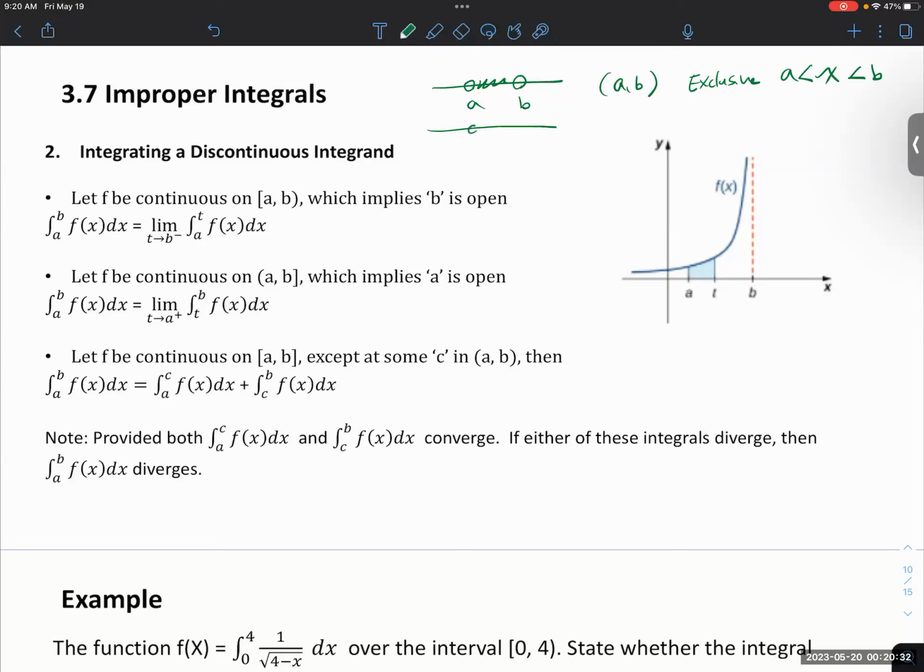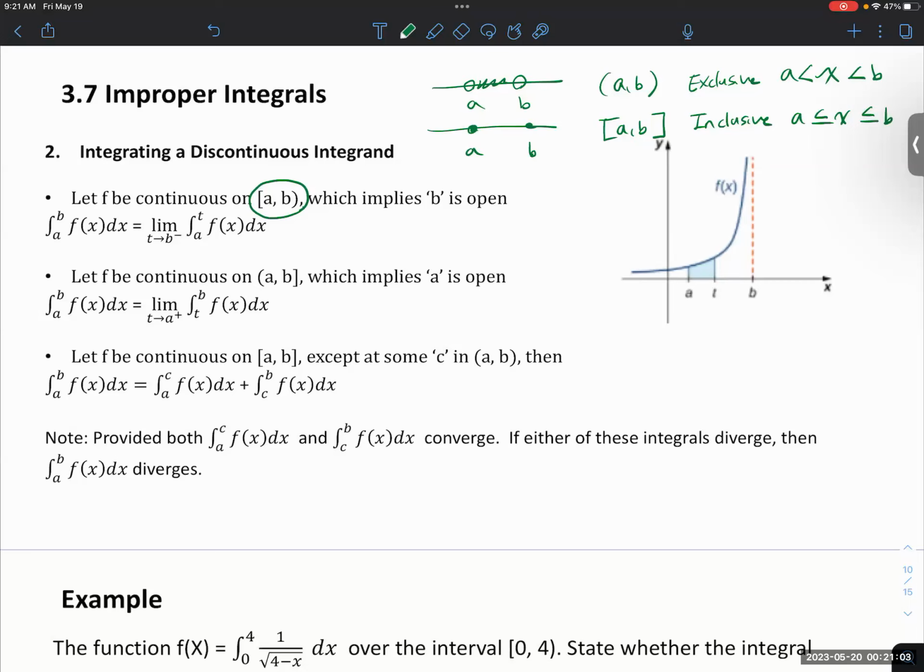Second one, if you have a bracket, we are going to include, so closed bracket, inclusive, we are including A and B, correct? So we're going to apply this one. Sometimes you have an open parenthesis, or sometimes you have a bracket. So what does it mean? If you're finding the interval from A to B, but now A is a bracket, B is open, what does it mean?